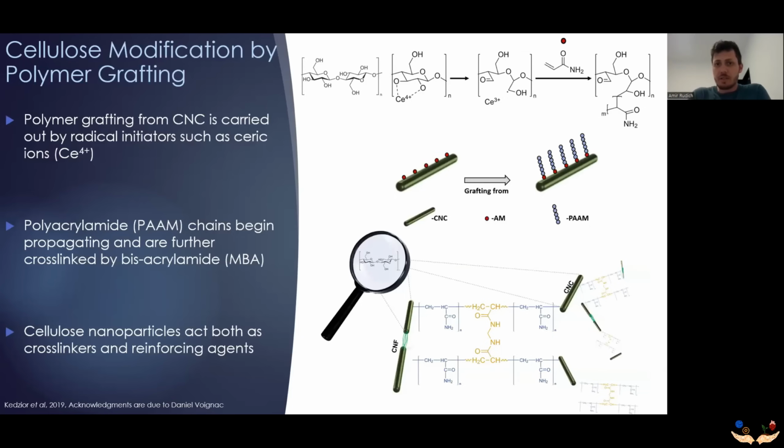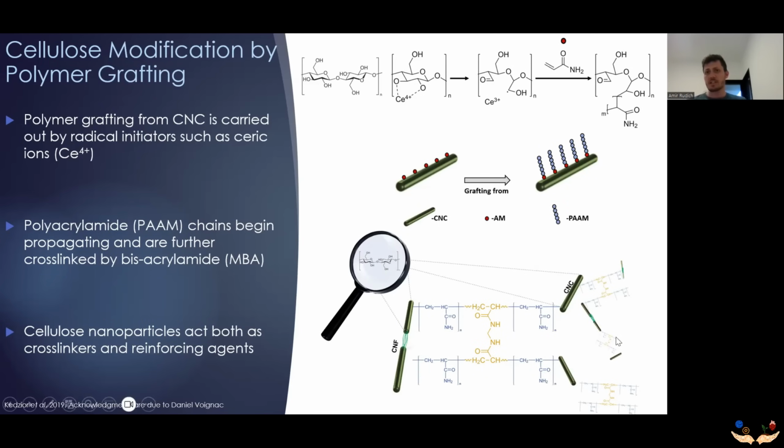In our specific case, we're applying polymer grafting onto these cellulose chains, which is carried out through a radical oxidizer in the form of cerium. If you look at the top image, you can see that by mixing a certain form of cerium with the cellulose chains, we're able to open some of the glucose rings, making them available for polymer grafting.